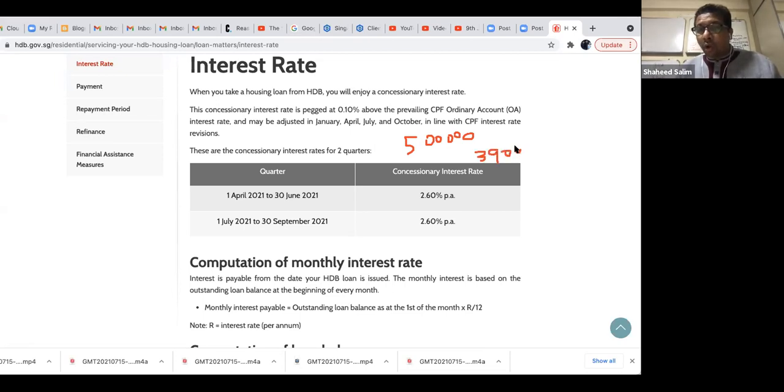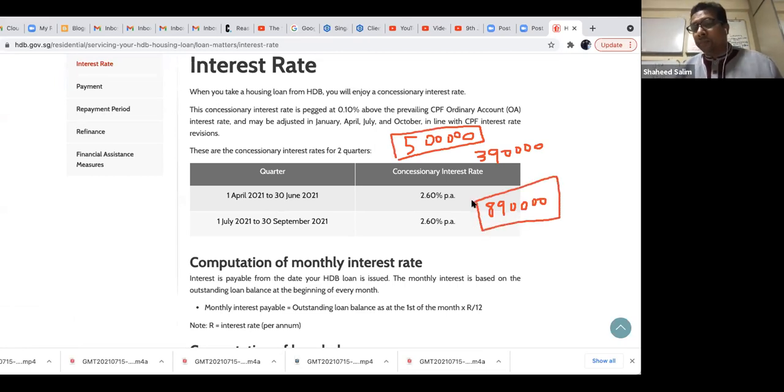That means altogether, for a house you buy at 500,000, you must pay, added together, 890,000. Do you get it now? The bank will collect from you a total of 890,000.